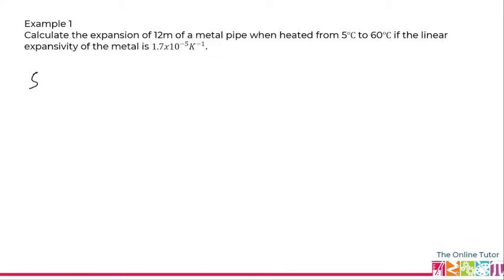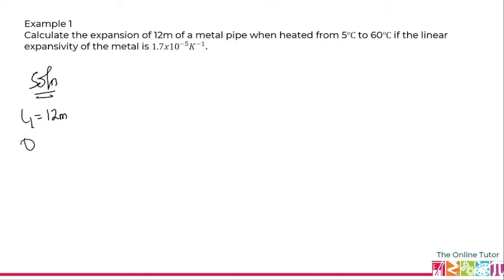So let's provide our solution over here. First of all, I recommend you write all the parameters that you have so that you know what you don't have and what you are going to find. So we've been given the initial length of the metal pipe to be 12 meters. So our L1 is 12 meters. And then we've been told that the metal has been heated from 5 degrees Celsius to 60 degrees Celsius.